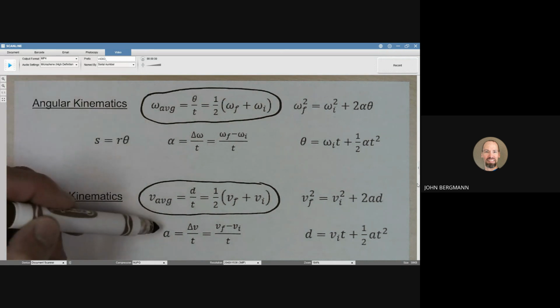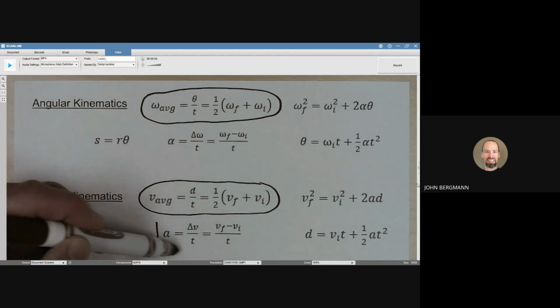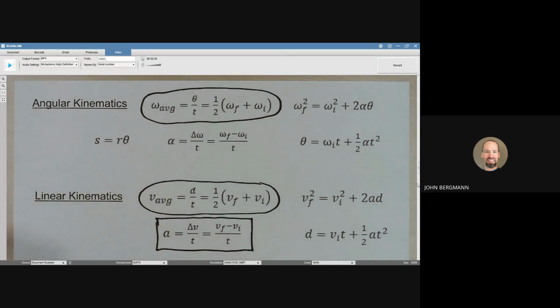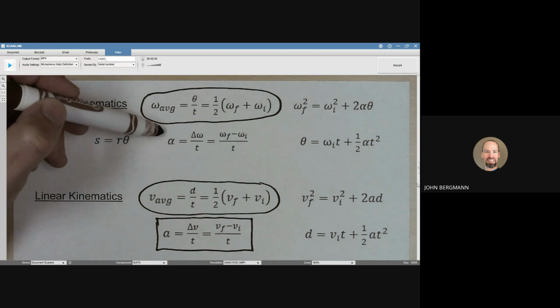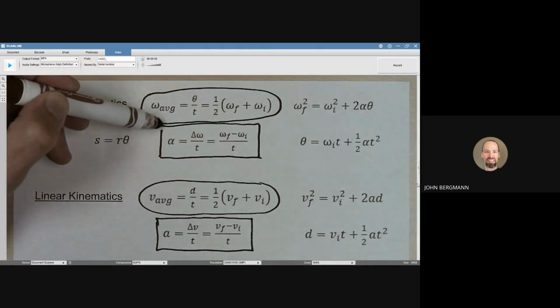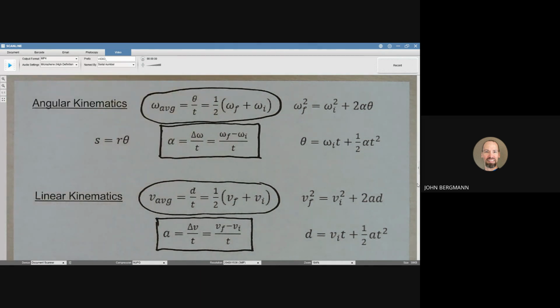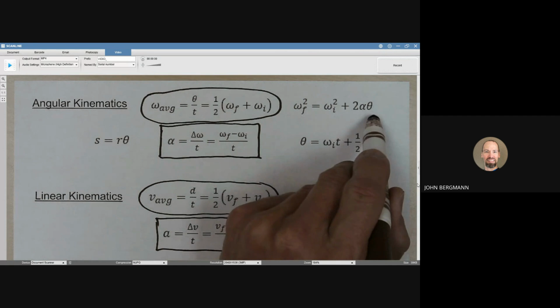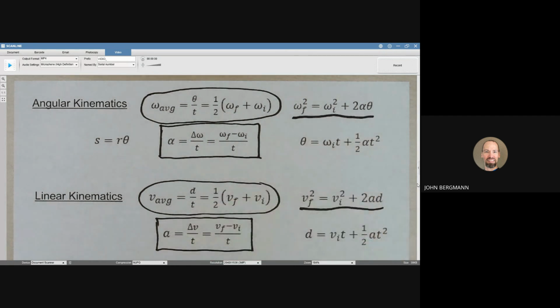Just like there is a correspondence between the linear acceleration equation, there's a matching angular acceleration equation. In the same vein, there was a no-time equation in linear kinematics. There's a no-time equation in angular kinematics.